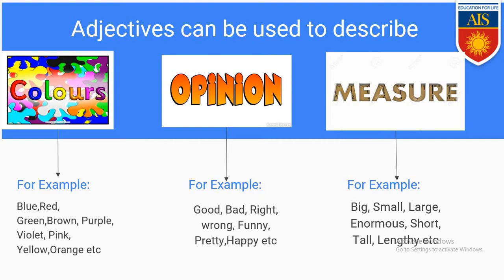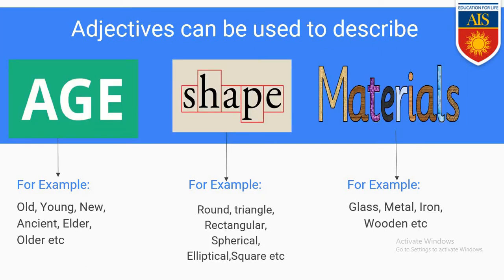To describe one's opinion about a noun, we use these adjectives. Next is the size or the measurement of a noun. Is the noun big, small, large, enormous, short? To describe the size of the noun, we use these adjectives.